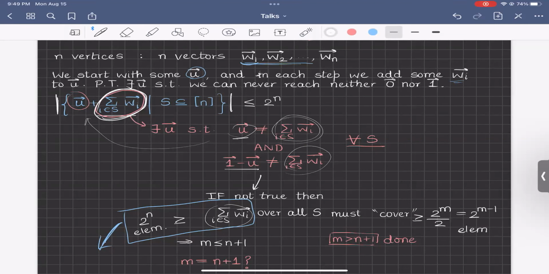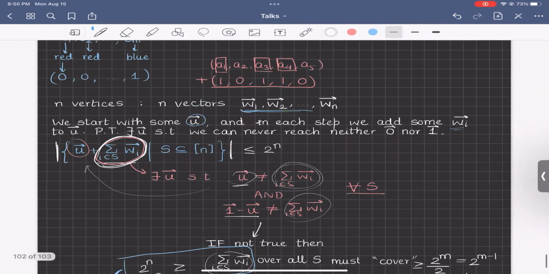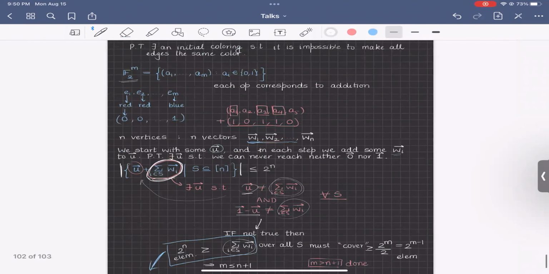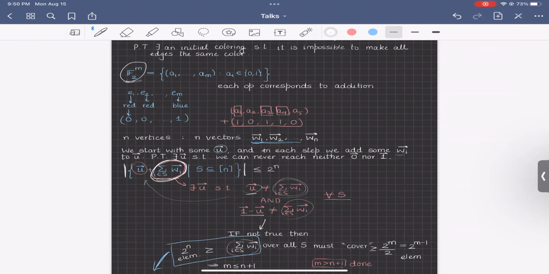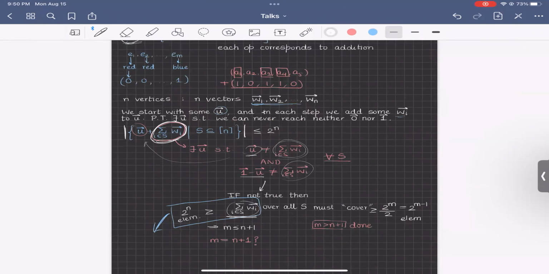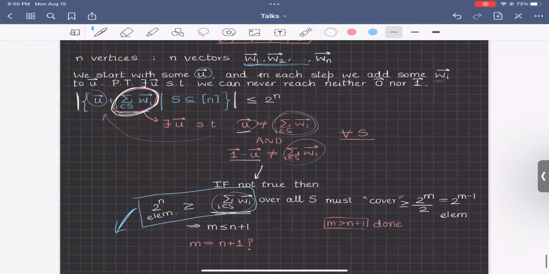And so if we are assuming the contrary, then for each vector and its complement paired together, by complement I mean just flip the bits, at least one of them must be representable as a summation of wi for some subset of indices. And so since the entire vector space has 2 to the m elements, we must cover at least 2 to the m minus 1 elements using these summations. But then there are only n such vectors, so we can have at most 2 to the n such summations. And so 2 to the n is at least 2 to the m minus 1.